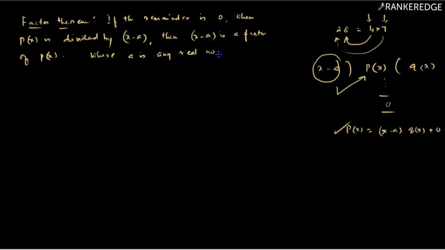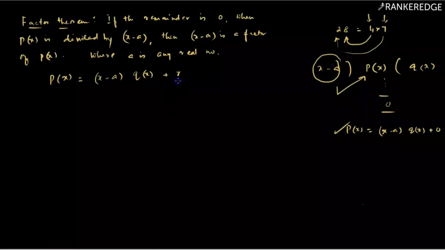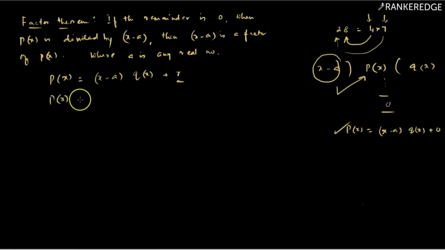So from remainder theorem, what do we know? p of x is equal to x minus a into q of x plus r. Now factor theorem is giving us the fact that this remainder is 0. Let's put that value of r as 0. Therefore p of x is equal to x minus a.